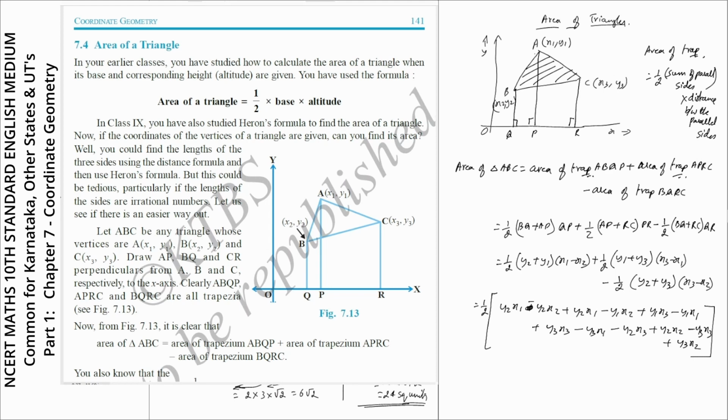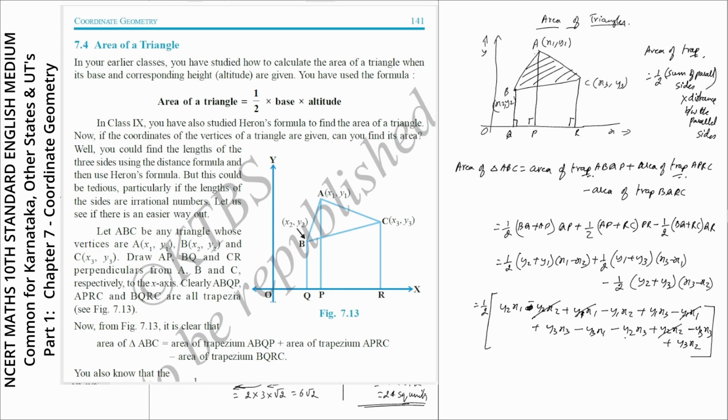Now here you can see, you can cancel some terms. y2 x2 minus y2 x2 will get cancelled with plus y2 x2, and minus x1 y1 will get cancelled with plus x1 y1. So that is here, this is x1 y1, so these two will get cancelled.